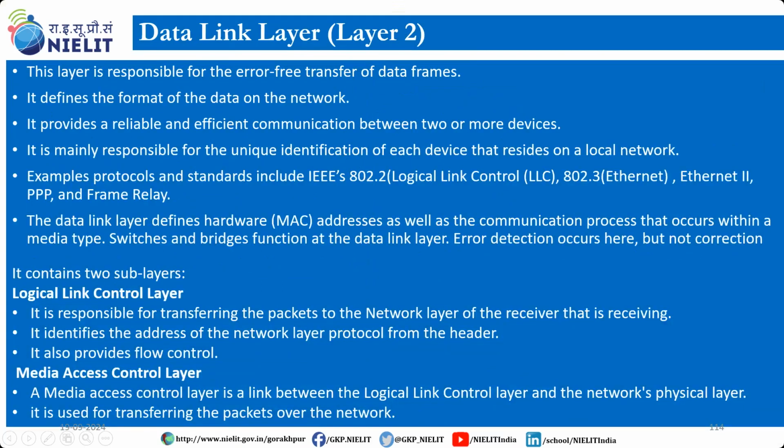Now coming to the data link layer. Data link layer is also known as layer 2. The L2 switch works as a layer 2 device. It defines the format of data.